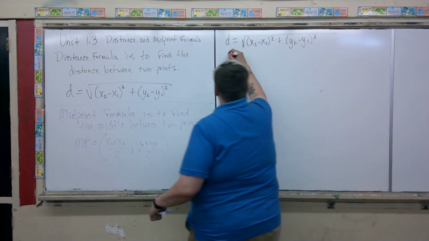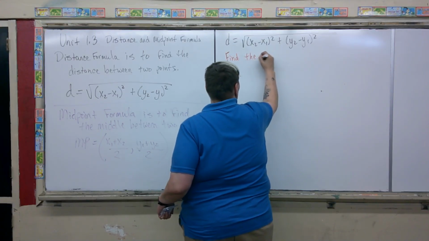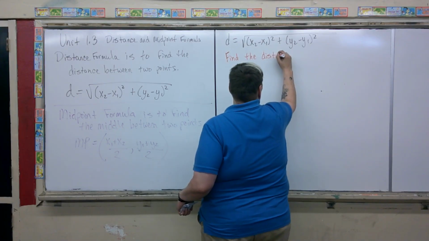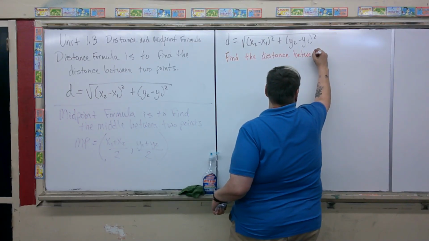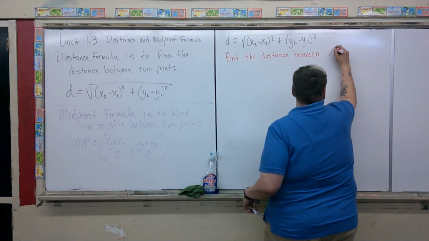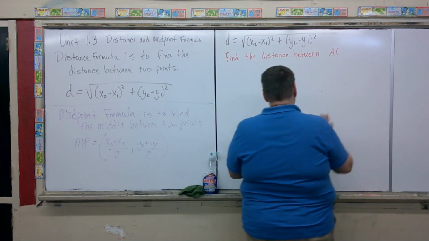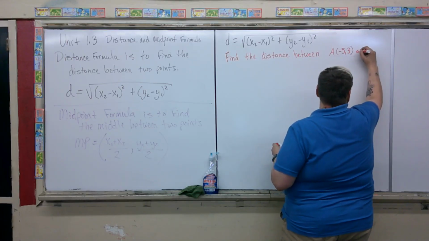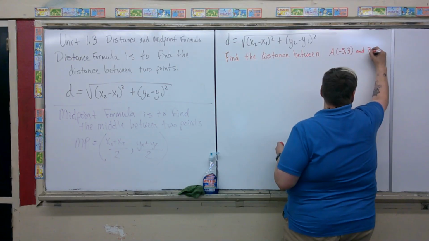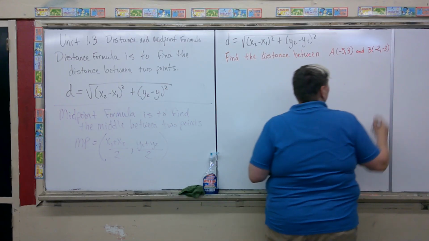Like it'll say, find the distance between A, and then it'll tell you that A is, let's say, -5, 3, and B, which is -2, -3, right?